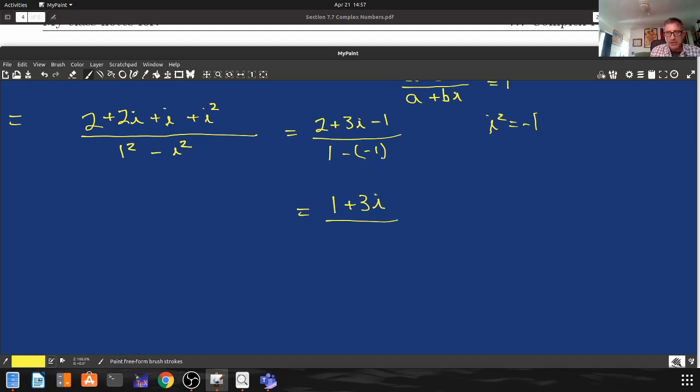And 1 minus a minus 1 is the same as 1 plus 1, so that's 2. Now if you want to write this in the form a plus bi, notice this is the same as 1/2 plus 3/2 times i. So a is equal to 1/2 and b is equal to 3/2.